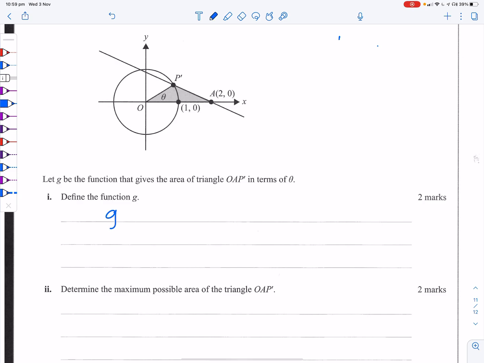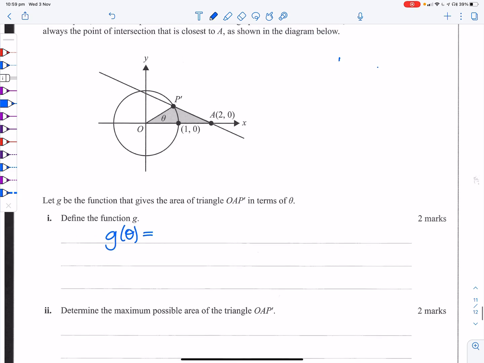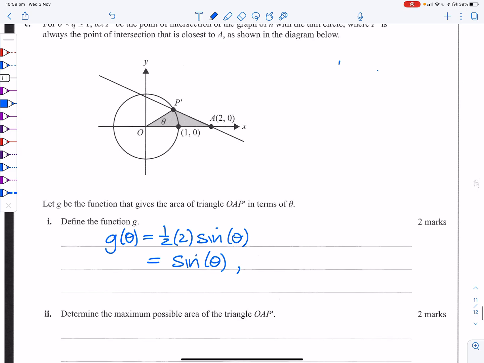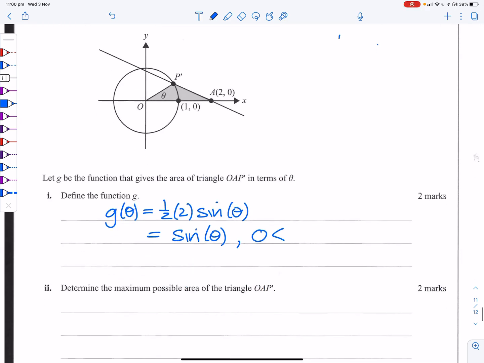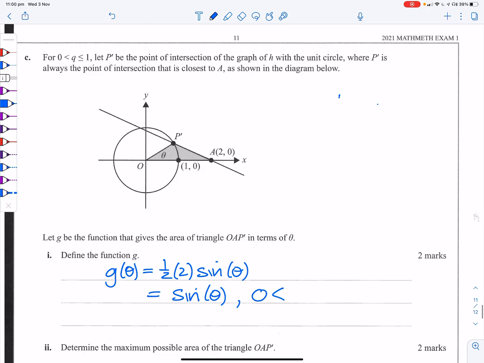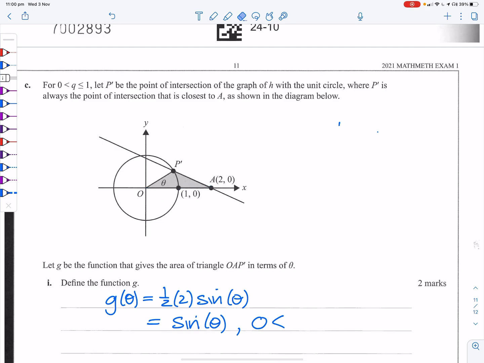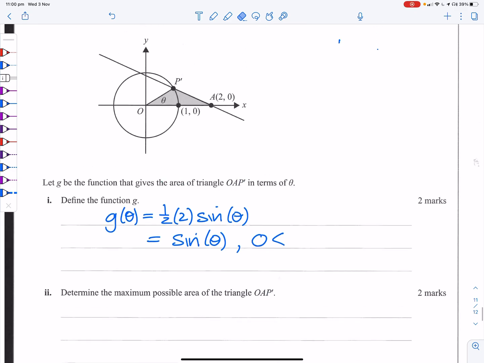So we know g of theta is a half times 2 times sine theta, which is just sine of theta. And we know that theta is between 0 and... can theta be 0? It can't be 0 because then q would be 0, and q can't be 0. So 0 is less than theta, which is less than or equal to pi on 3.